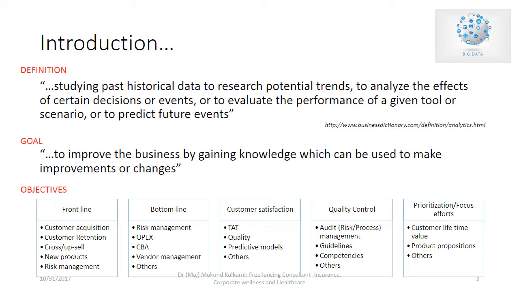excellence perspective. In the bottom line category, obviously, again, better risk management will improve the bottom line. It will improve the operational excellence. It will also feed in more inputs and information to cost benefit analytic processes, as well as assess any new process or any change in the current process from a CBA perspective.